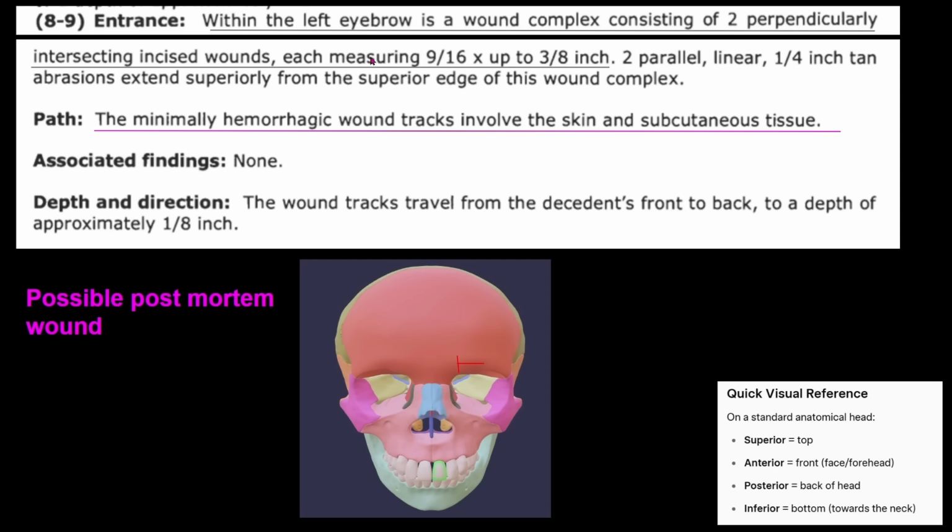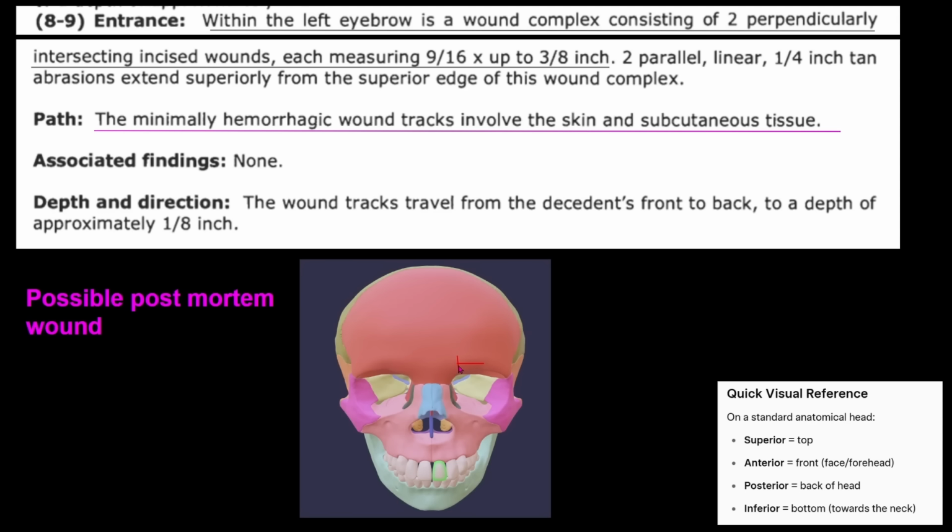All right, now this one is 2 wounds. Within the left eyebrow is a wound complex consisting of 2 perpendicularly intersecting incise wounds, each measuring 9/16 by up to 3/8 of an inch. 2 parallel linear 1/4 inch tan abrasions extend superiorly from the superior edge of this wound. So a 1/4 inch tan abrasion, that would be consistent really with a serrate as well, but this is another minimally hemorrhagic wound track.